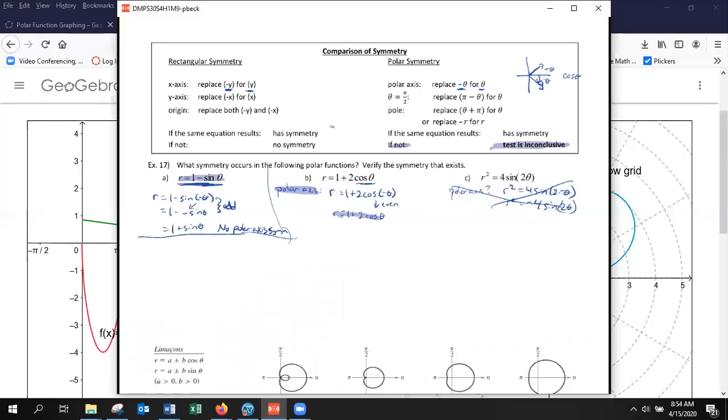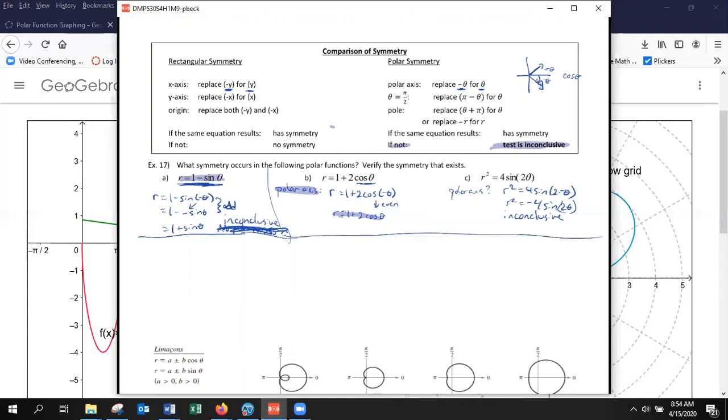Unfortunately, because I know what these graphs look like, I jumped the gun and said, hey, that doesn't have the symmetry. What this actually tells us is this is inconclusive. And we have to come up with another test to show why that actually works. If we were in class, I'd go into a much deeper exploration of this than what I'm going to do here. So I really should have said over here inconclusive as well.